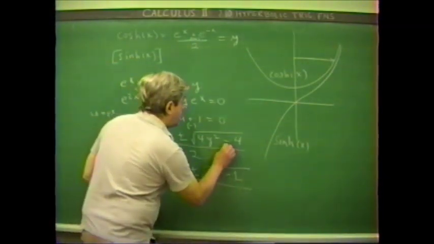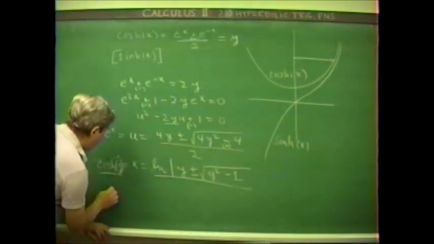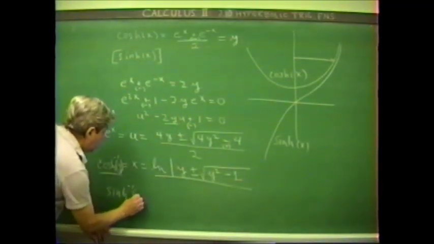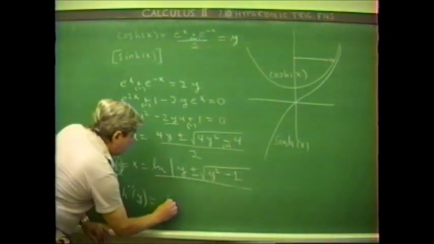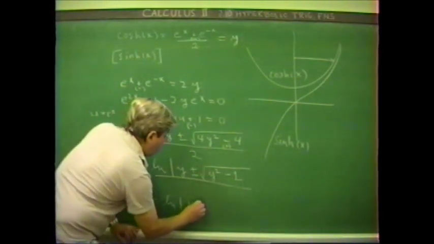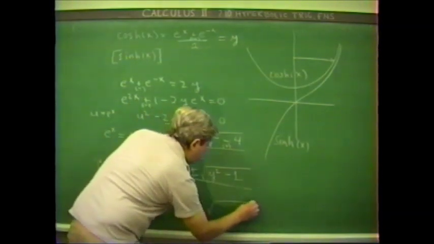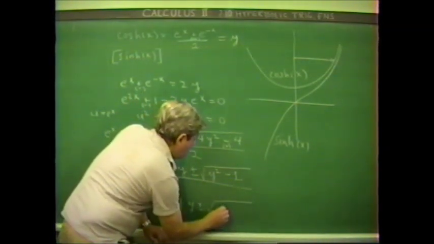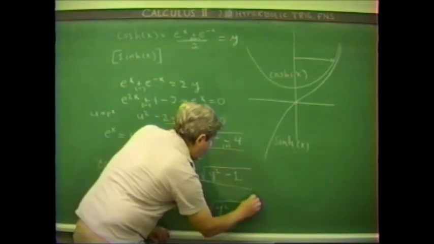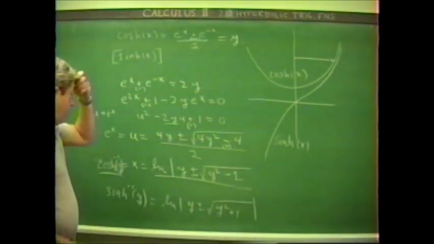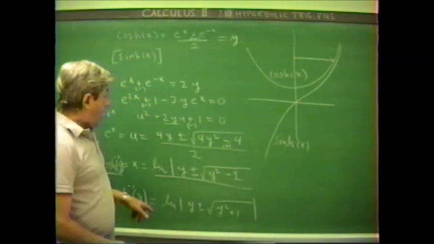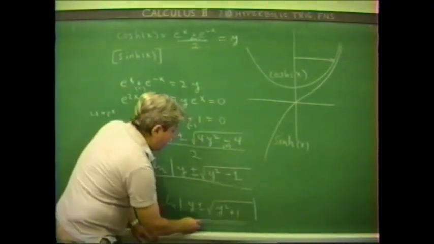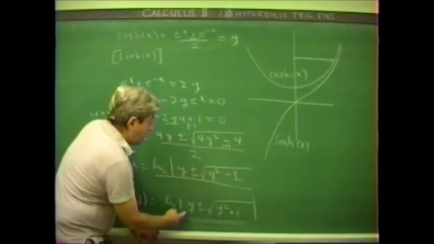So this would produce a plus sign here. So the hyperbolic sine inverse of y is the log of y plus or minus the square root of y squared plus 1. And now here the plus or minus is chosen so that this quantity inside the logarithm is positive.